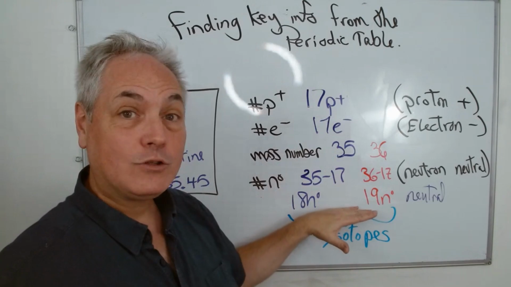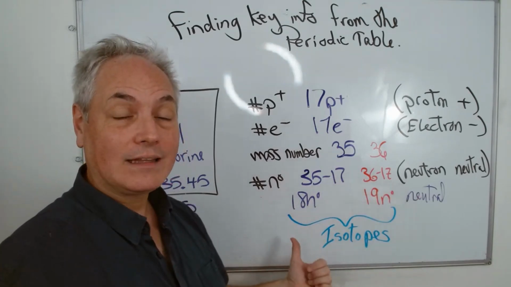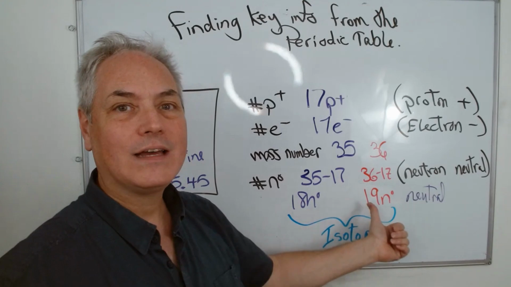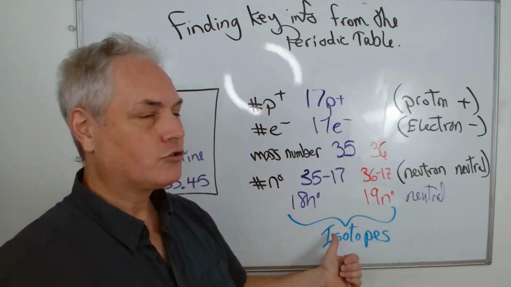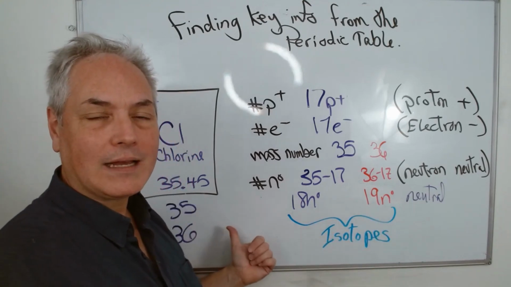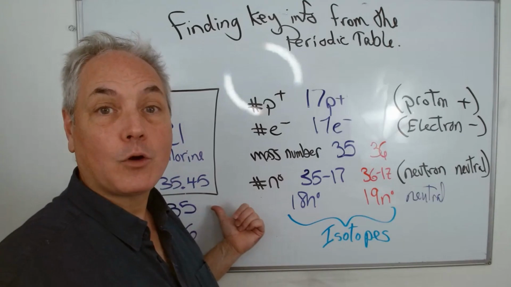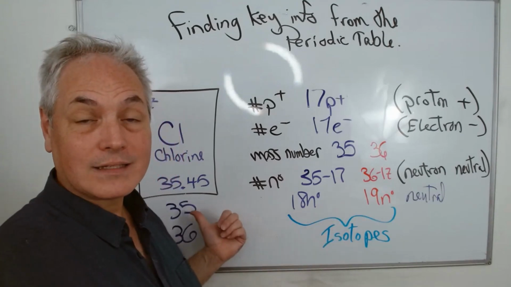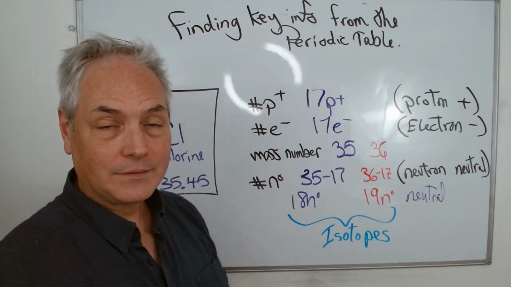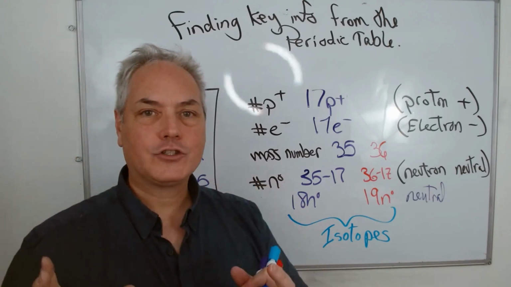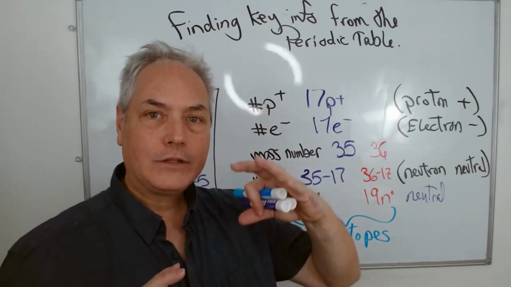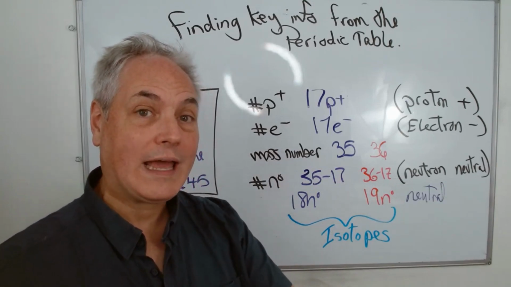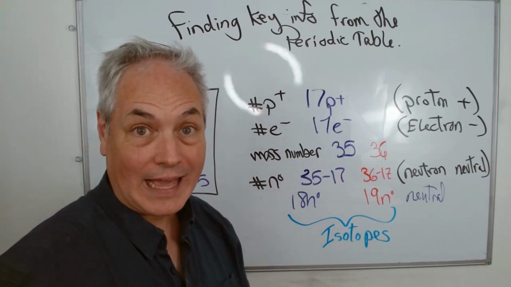However, within the nucleus, some of the atoms of chlorine have 18 neutrons and some have 19 neutrons. So when you have an atomic mass that is not a perfect number, people ask, how come? It's because the atomic mass of an element is the average mass of the different isotopes, or the different percentages of isotopes we have for a certain element.